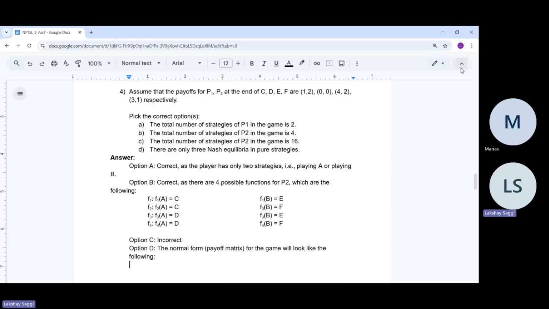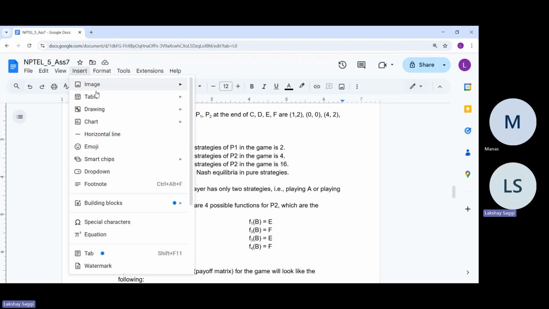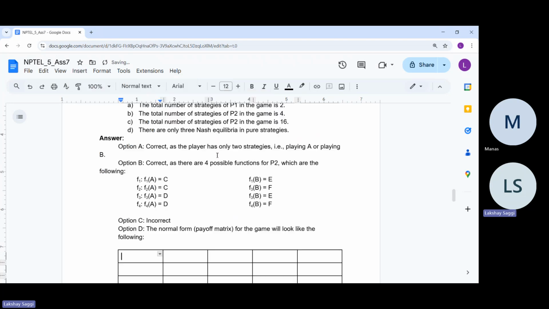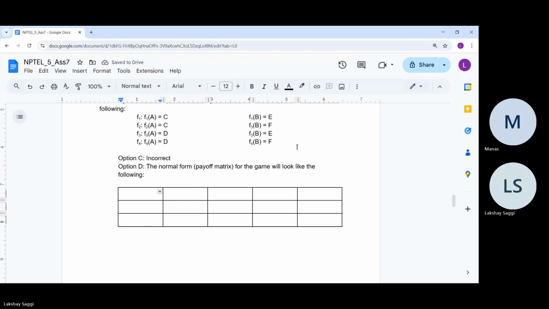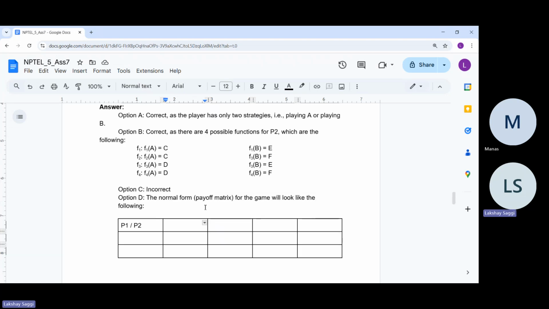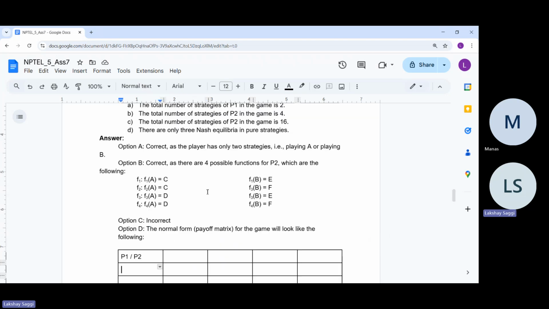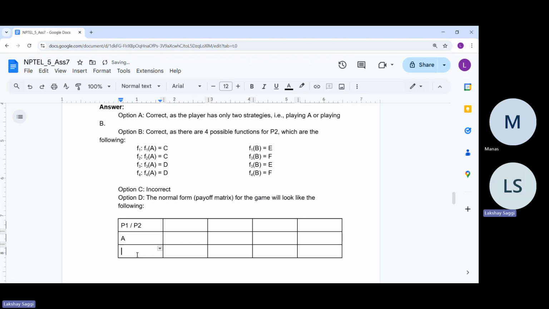So how do we do this? We just make the payoff matrix for the game. The matrix, as I said, will have four possible strategies for player two and two possible strategies for player one. And just for including headers and everything, I'm including one row and one column. So in the normal form, the column player is player two, as that's the usual notation, and the row player is player one.